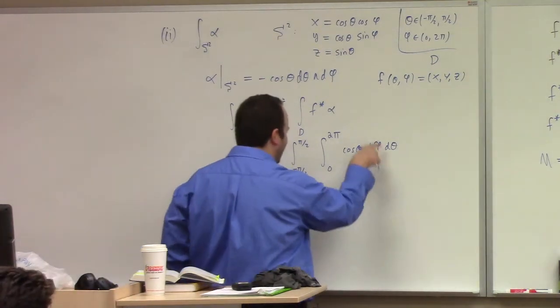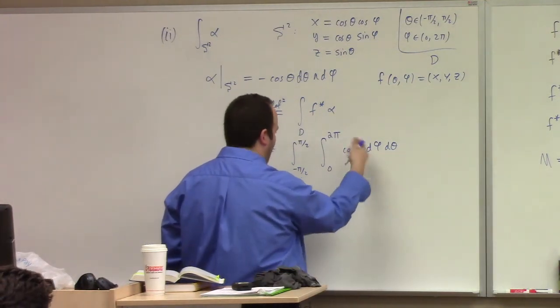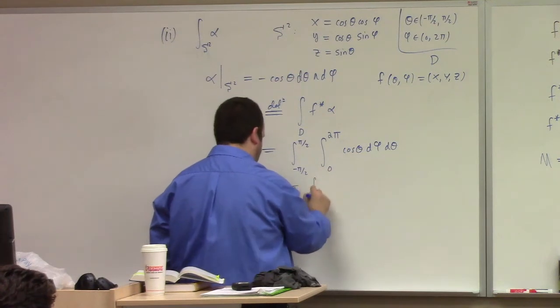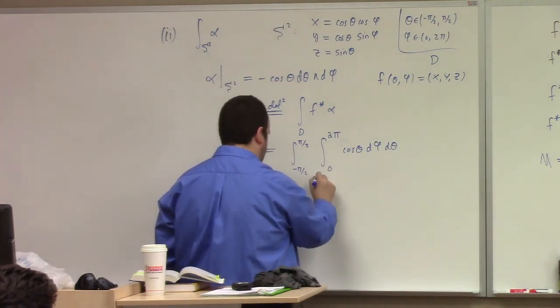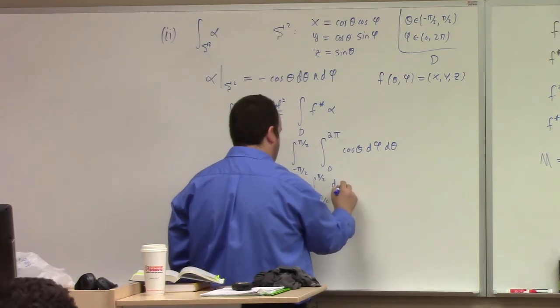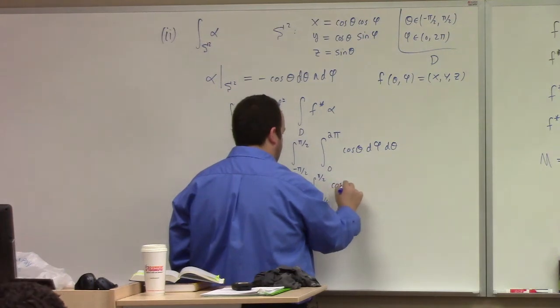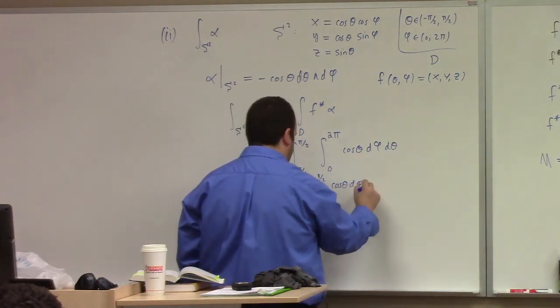Okay, so that's theta, right? This just gives me 2 pi. Then cosine theta d theta, right?